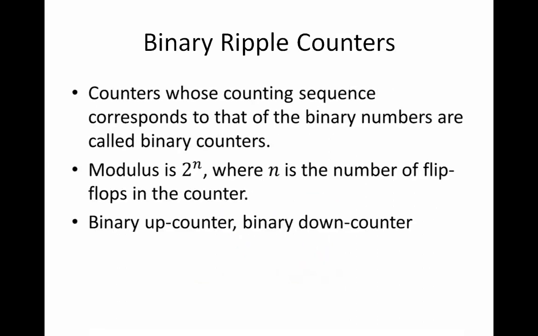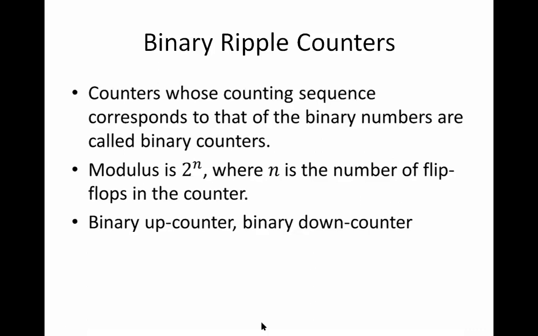Now, as you all know, there are two types of counters, synchronous and asynchronous. Can you tell me the difference between them? In synchronous counters, all the clock terminals are connected to a single clock source. Correct? And in asynchronous, the clock of the next flip-flop is connected to the previous output of the flip-flop. Very good.